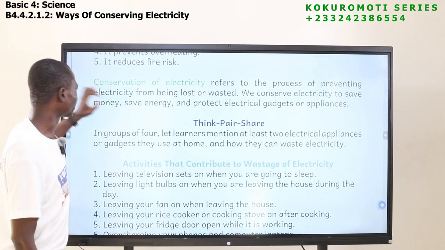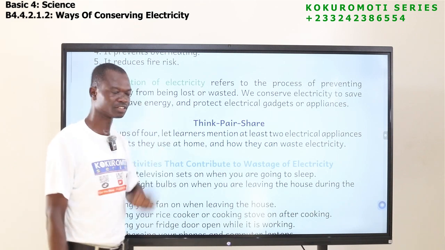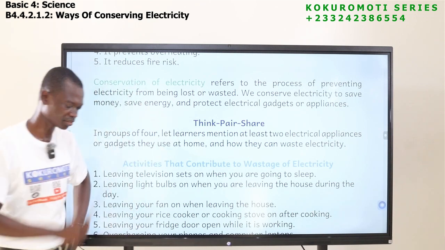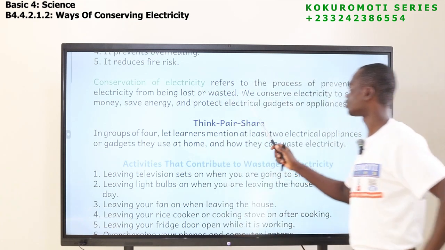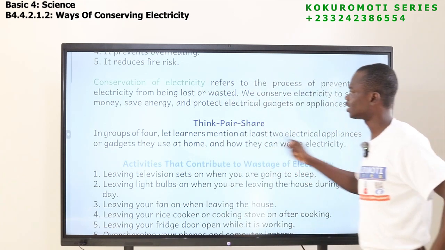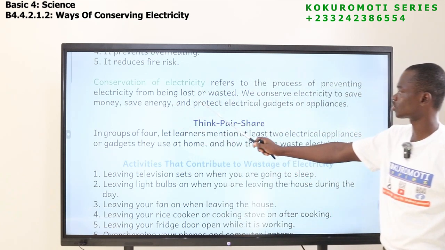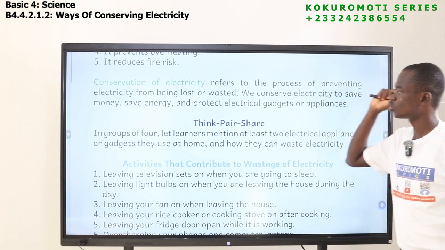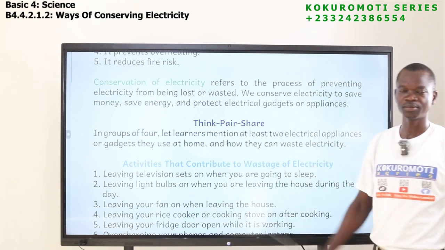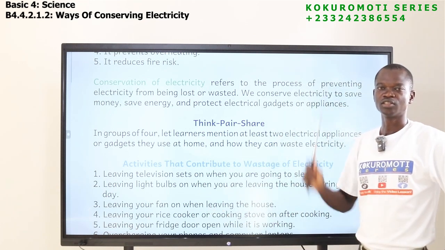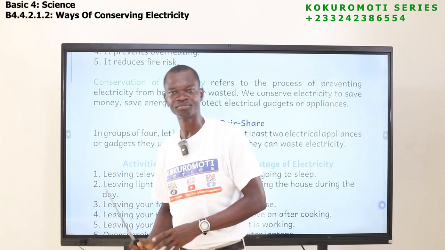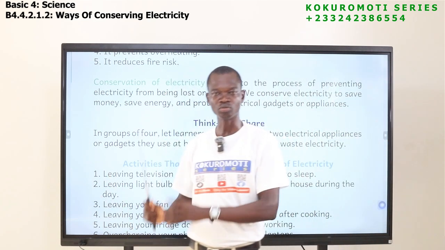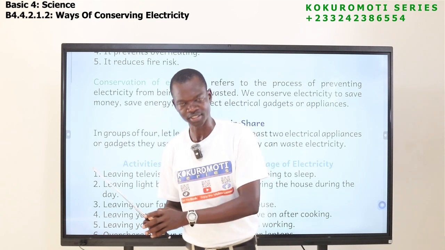Now, what is conservation of electricity? Conservation of electricity refers to the process of preventing electricity from being lost or wasted. So if you don't want electricity to be wasted, what you need to do is to conserve it.